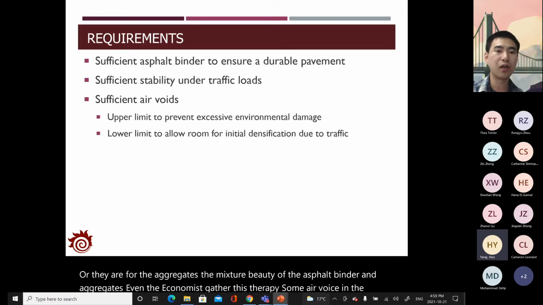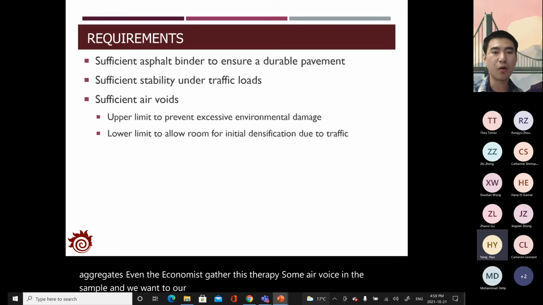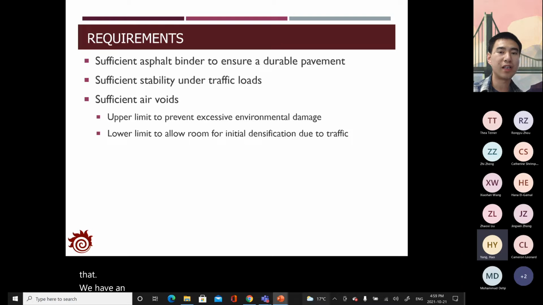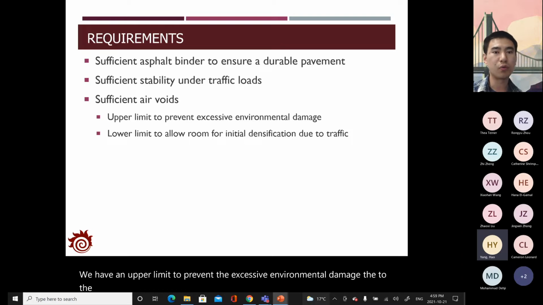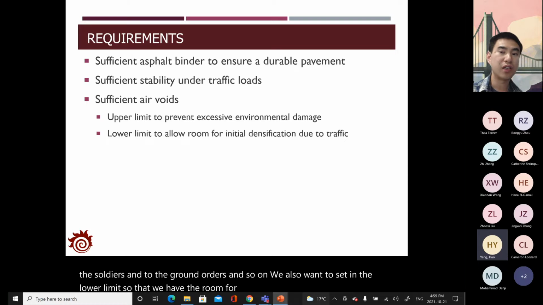We want to control the appropriate amount of air voids, so we have an upper limit to prevent excessive environmental damage to the soils and to the groundwaters and so on. We also want to set a lower limit so that we have room for initial densification, accommodating the repeated traffic load.